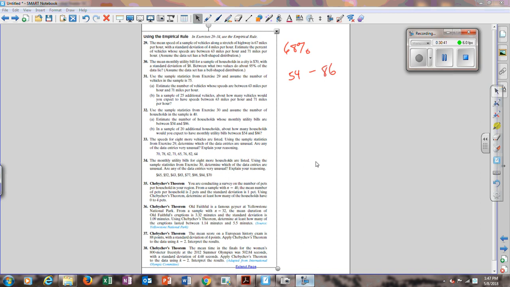That would give you 512.2. And then you would do 502.84 minus 9.36. So you get 493.48. So then you would say 75% of the data falls between 493.48 and 512.2.